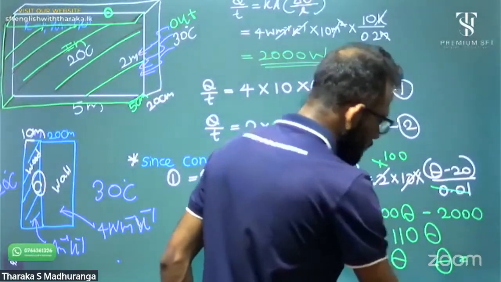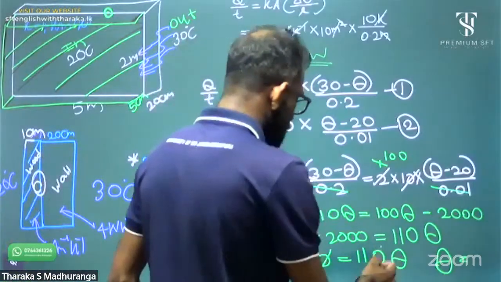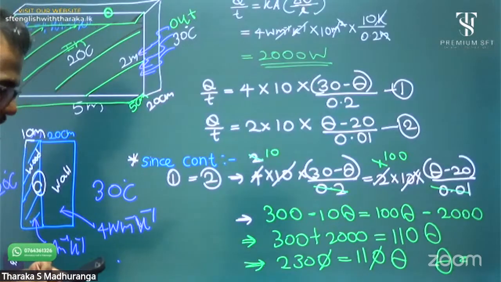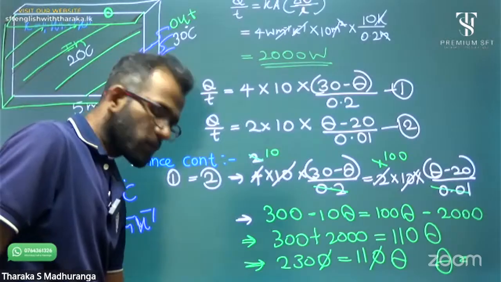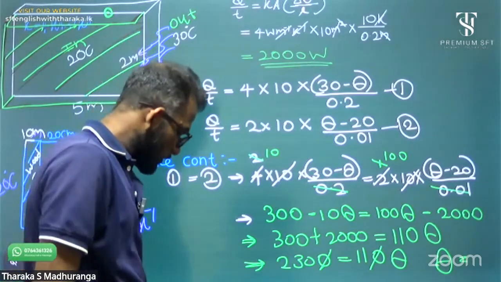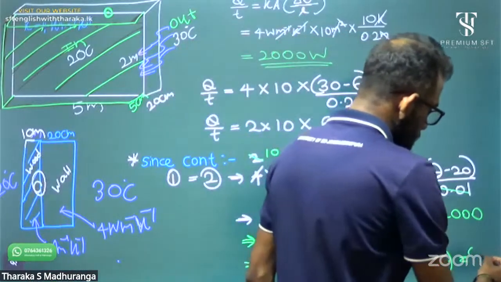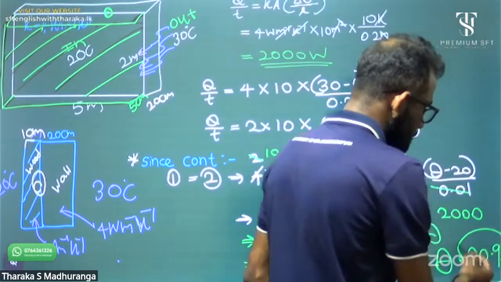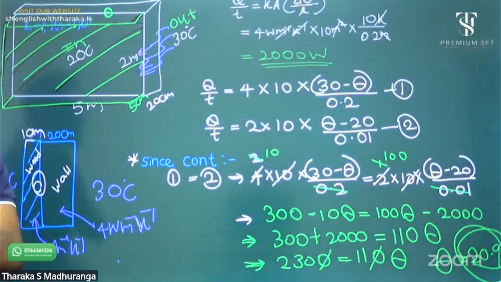Then what's the value of theta? The zeros cancel, 230 divided by 11, is 20.9. 20.9 Celsius is the intersurface temperature.